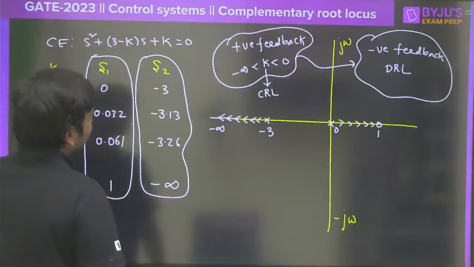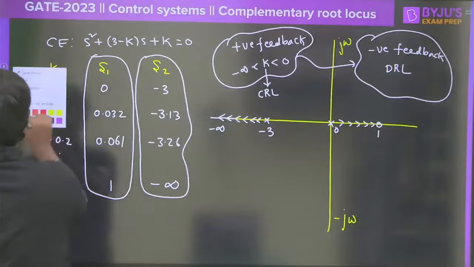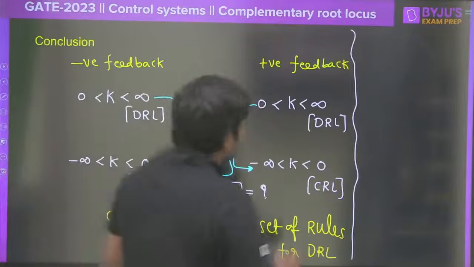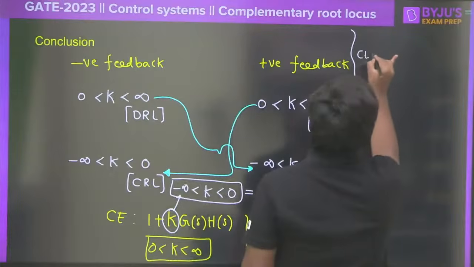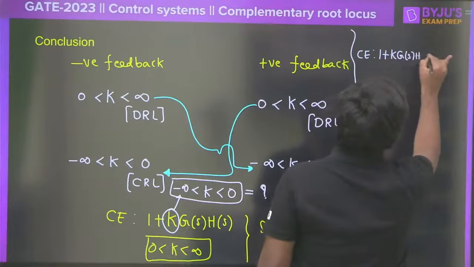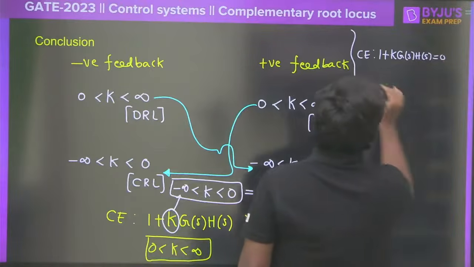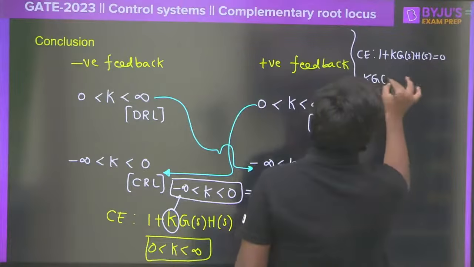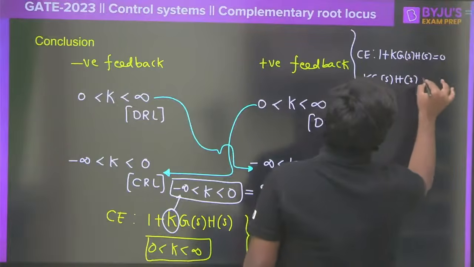Let me take the space available here. So the characteristic equation is 1 plus k g(s) h(s) equal to 0, number 1. Then k g(s) h(s) equals minus 1.